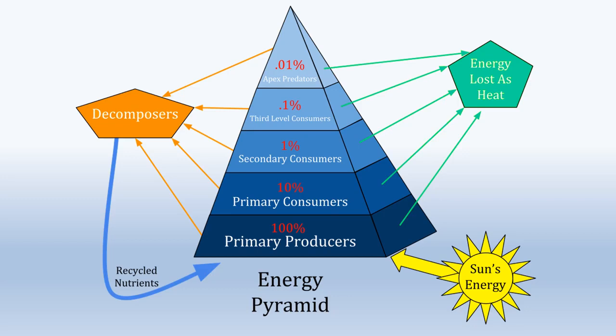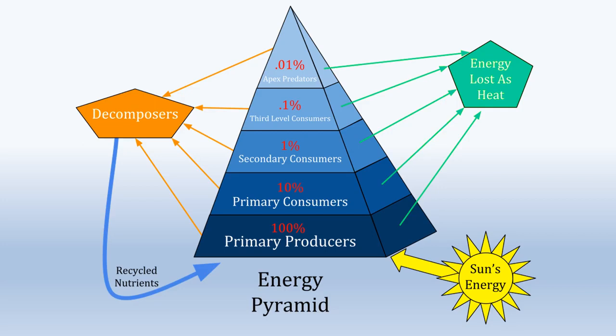So 90% of the energy is getting lost in the form of respiratory losses, for example, and the secondary consumers are getting only 1% of the energy from feeding on the primary consumers. And similarly, the apex predators could get as low as 0.01% of the total sun's energy that the primary producers had in the first place.